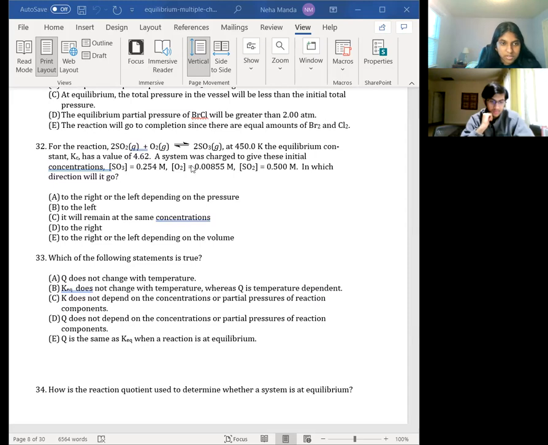Kc has a value of 4.62. These are the initial concentrations. Okay, yeah. Again, you just figure out which direction it would go in.